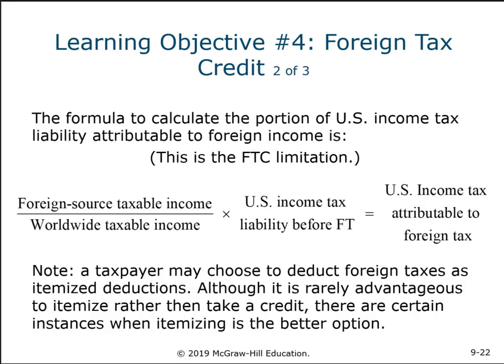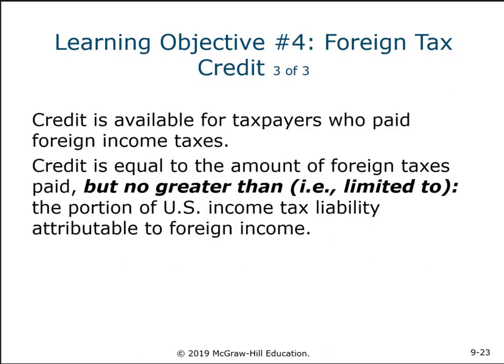Now note, you can deduct this as a deduction, but it's rarely advantageous to itemize these foreign taxes rather than just take the credit. But it could happen. So it's available for taxpayers who have earned income overseas and paid taxes to wherever that income was earned.